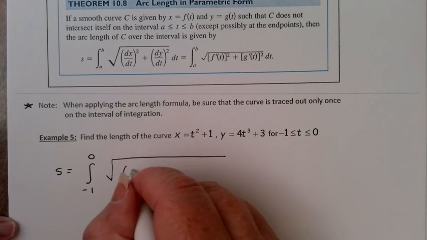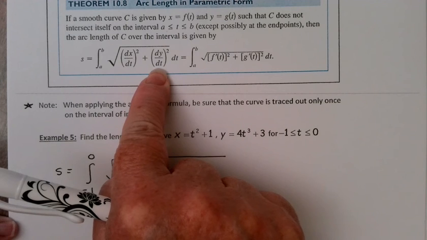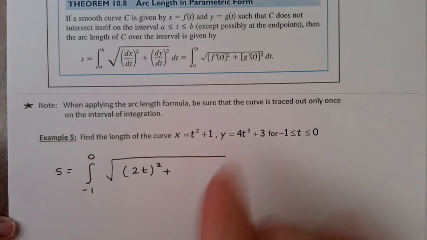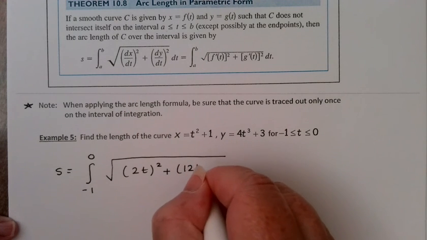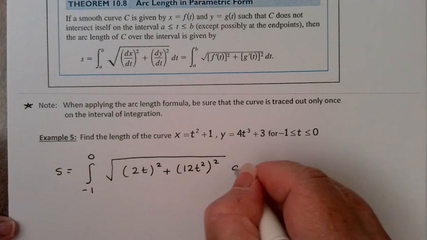That would be 2t squared plus dy dt squared. That'll be 12t squared squared, integrated dt.